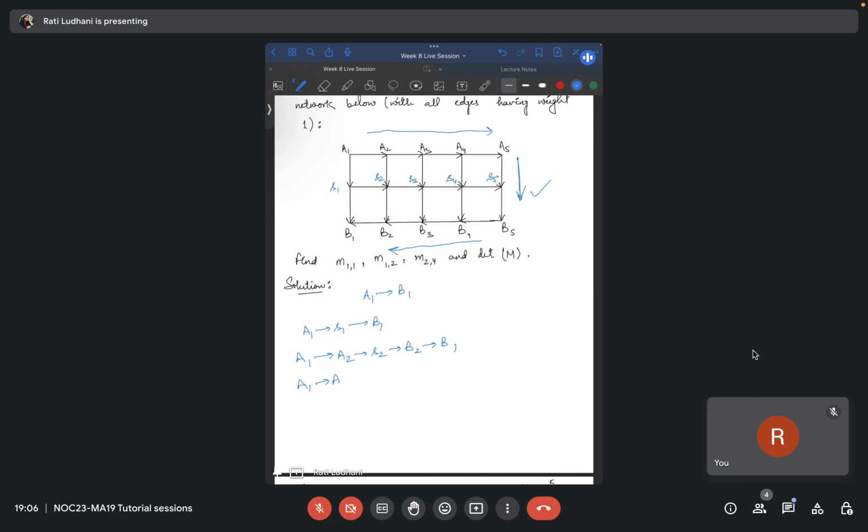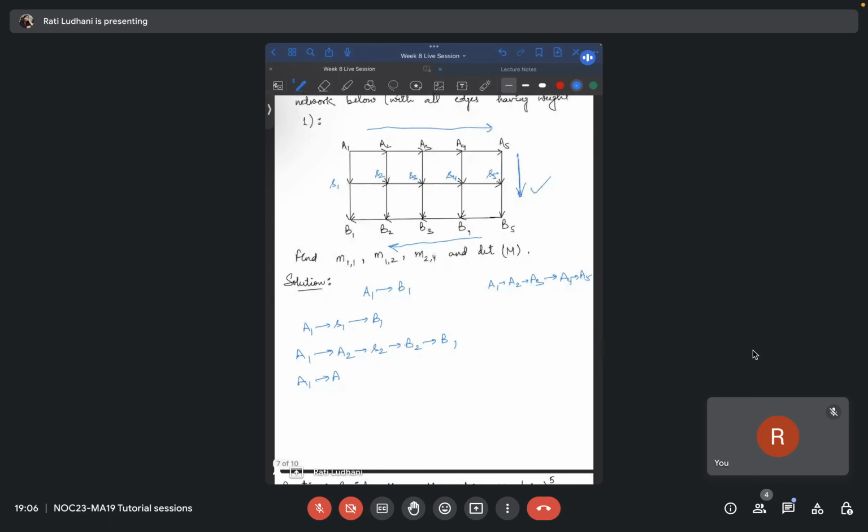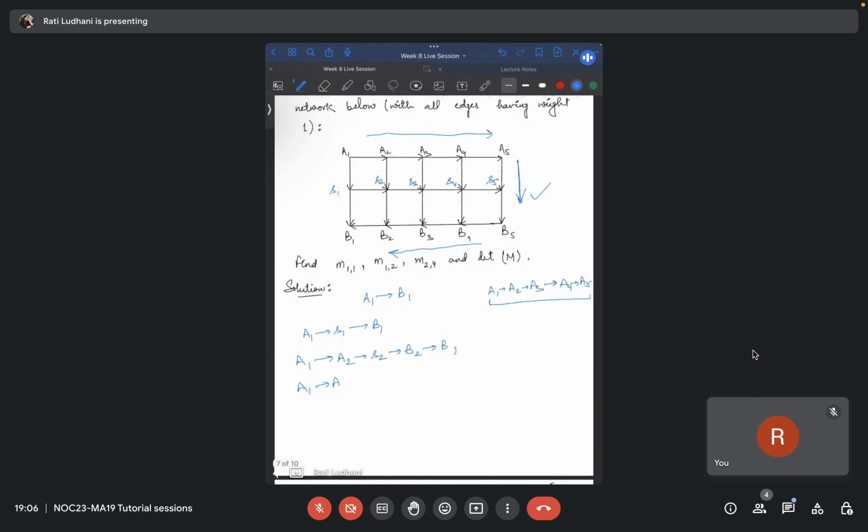For example, what I'm thinking is, you consider this, you go with the full edge. When you go A1 to A5, there is no option to have more than this. If you go A1 to A5, then there is only one option to go back to B1. You have just this option, the downward part, A5 to S5 and S5 to B5.